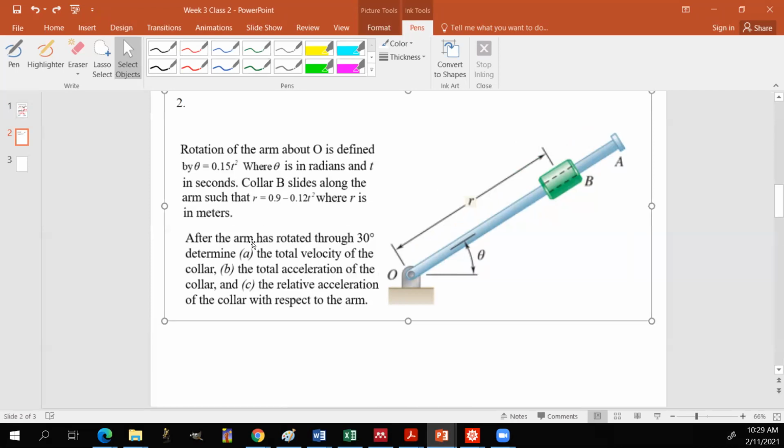And you're told that after the arm has rotated through 30 degrees, you're asked to find the total velocity of the collar, the total acceleration of the collar, and then the relative acceleration of the collar with respect to the arm over here, right? So next question to you guys is, given this problem statement, what coordinate frame do we use?